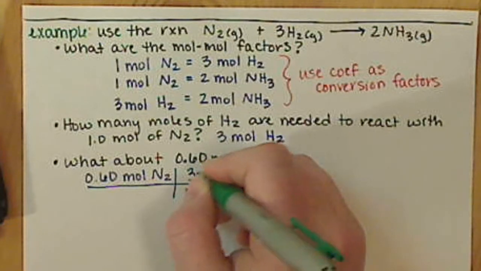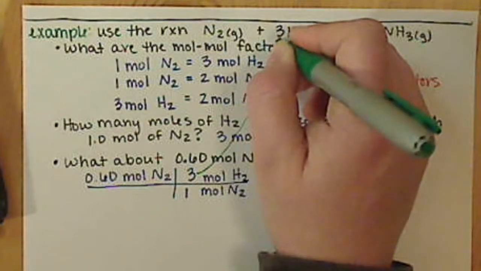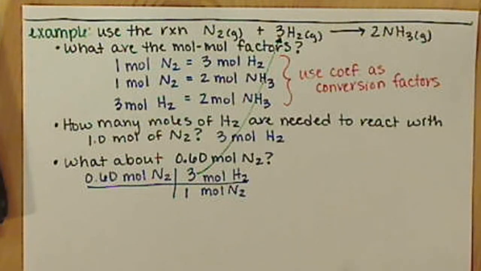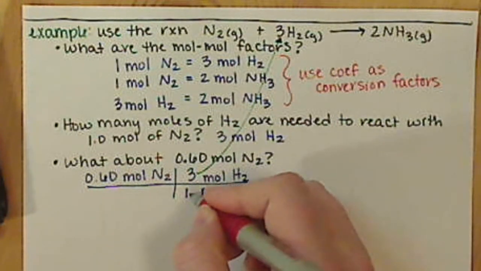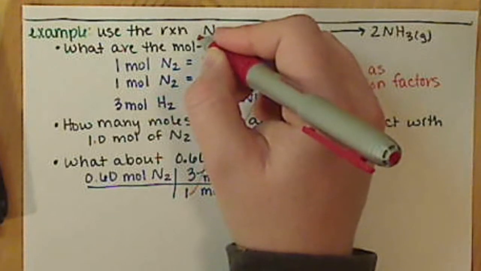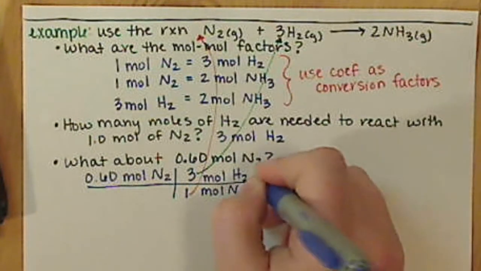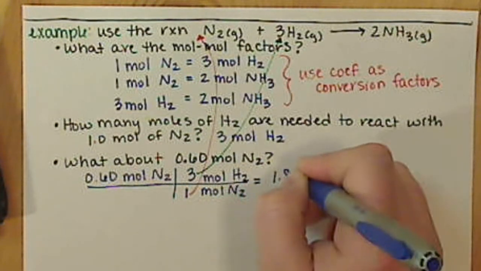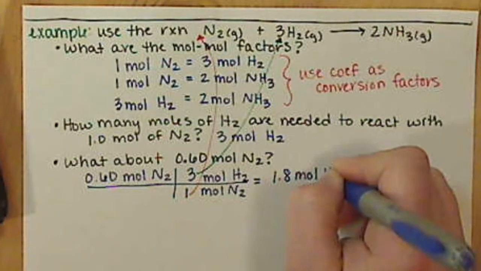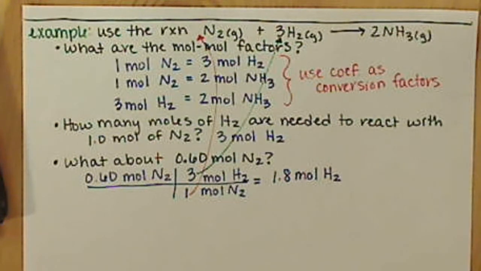Our 3 comes from our coefficient in front of hydrogen. Our 1 comes from the coefficient in front of nitrogen. 1s are usually left off. So to do the calculation, you take your 0.60 times 3, and you get 1.8 moles of hydrogen.